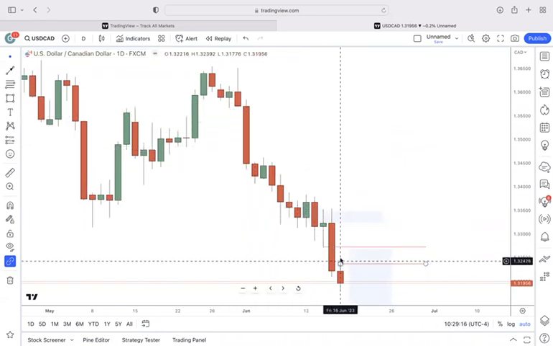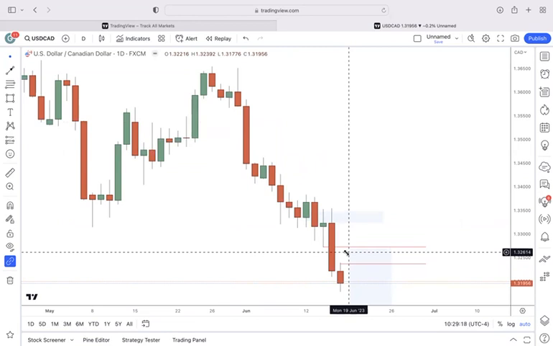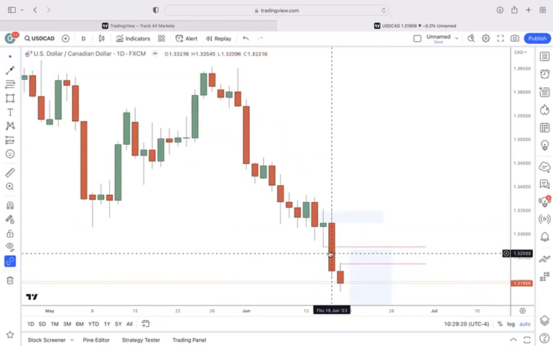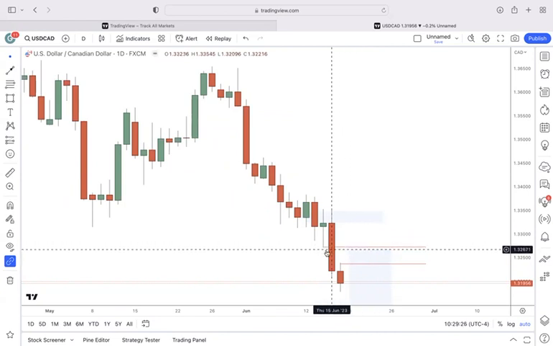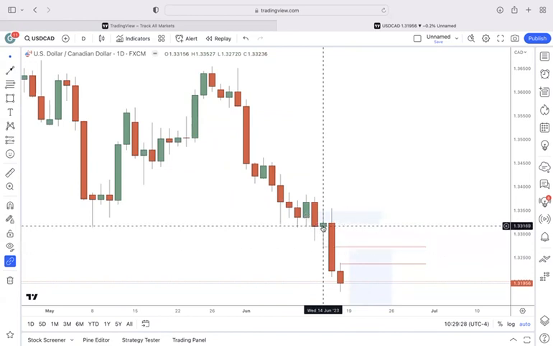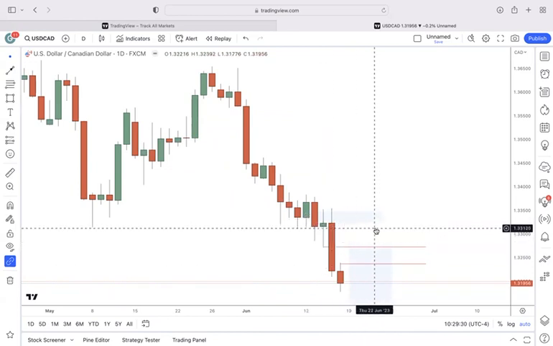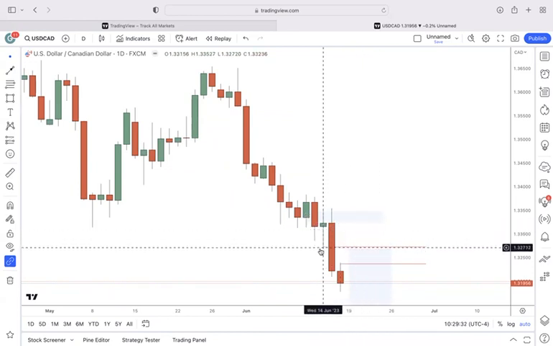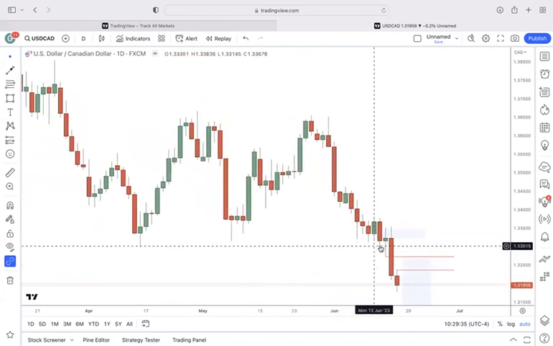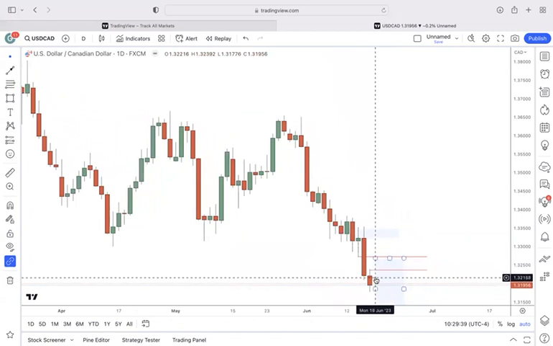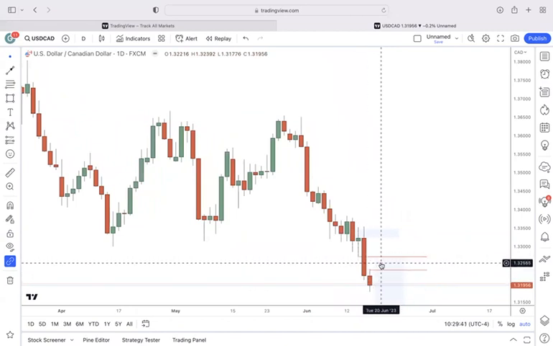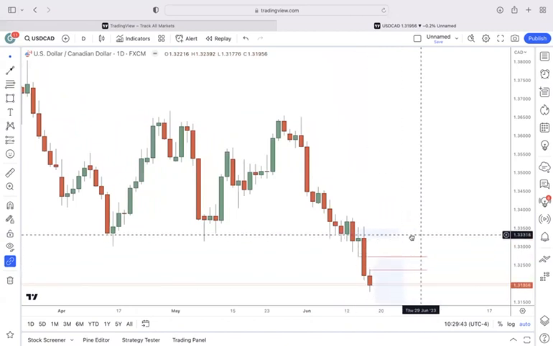The fair value gap, we're blending it with the order block, so it can trade up above this top line. Why? Because it would be stabbing into this order block, wick to body. And that's okay. We can allow that to happen. I'm not saying they're going to go way up there, but we can allow that. We want them to just stab up inside the fair value gap, then go lower.